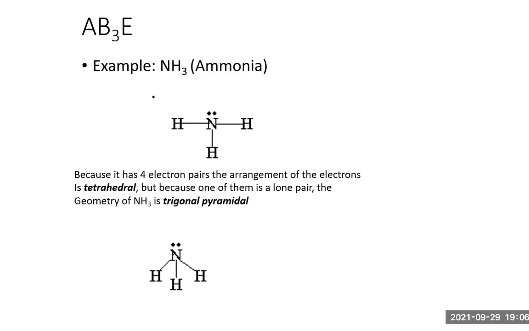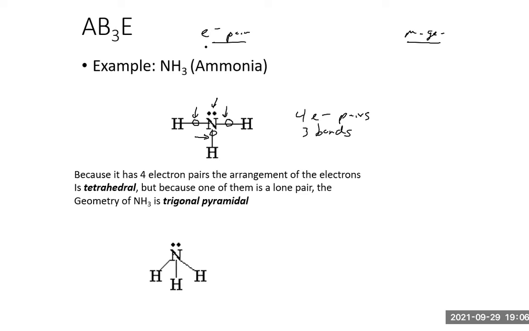So NH3 is an example here. We look at our electron pair geometry and our molecular geometry. If we look at the nitrogen, it has 1, 2, 3, 4 electron pairs. It has only the 1, 2, 3 bonds.